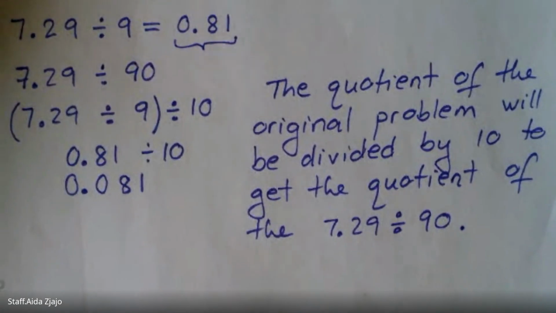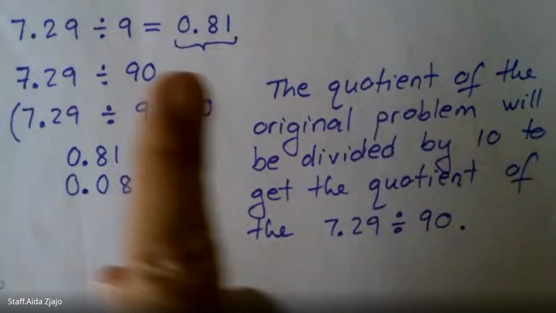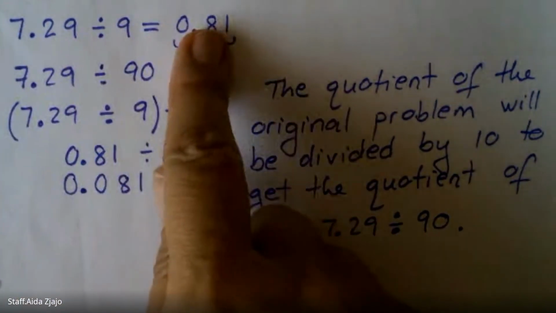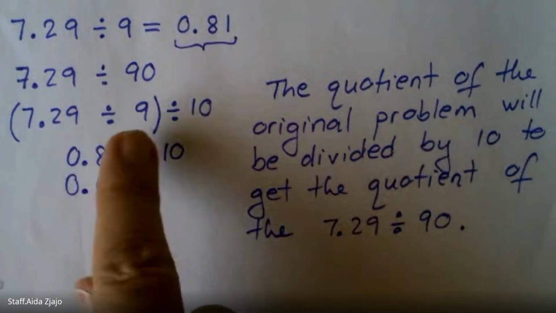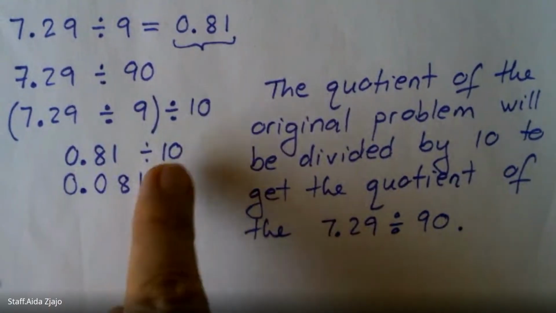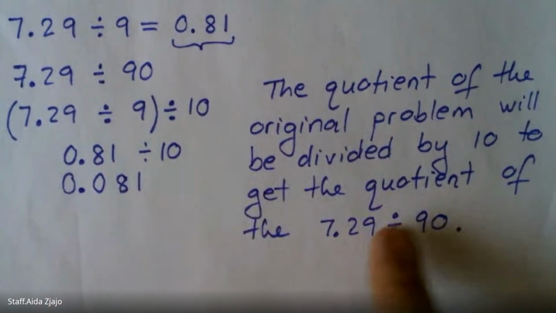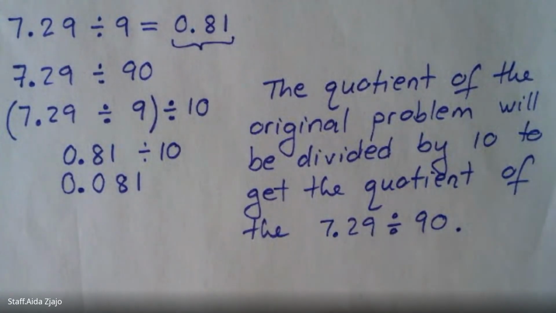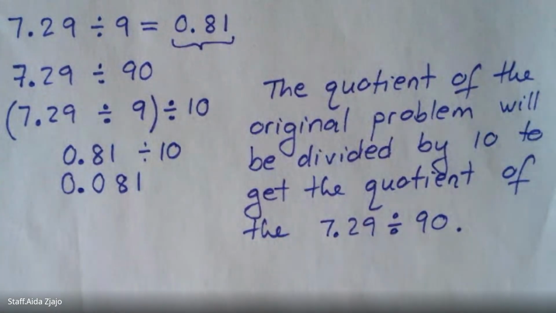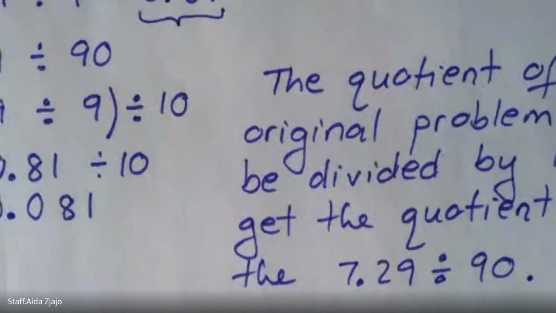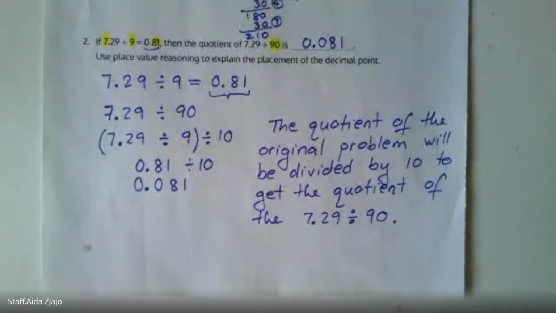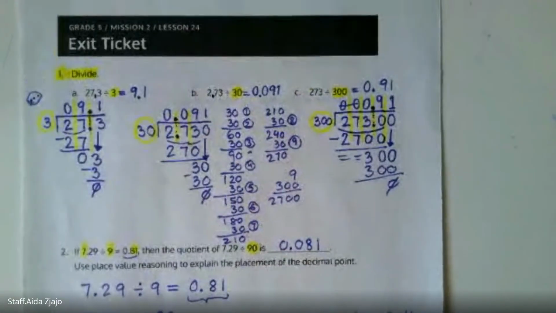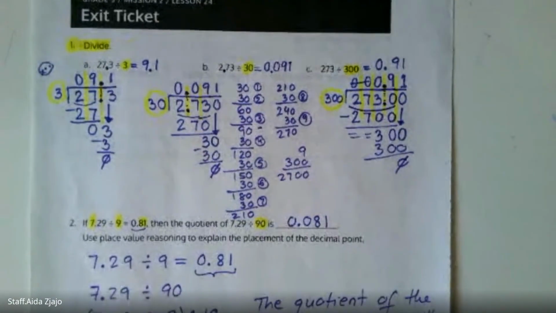So what this writing means is that this is the original problem, and that was a quotient, and it will be divided by 10 in order to get the answer for the second problem. All right, and this was Mrs. Z, exit ticket grade 5 mission 2 lesson 24.